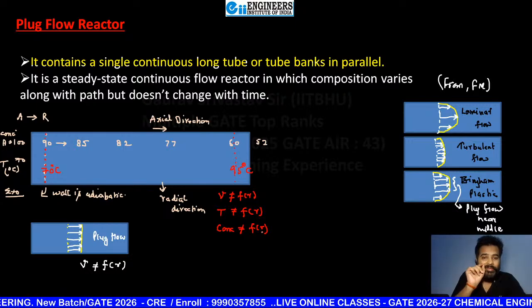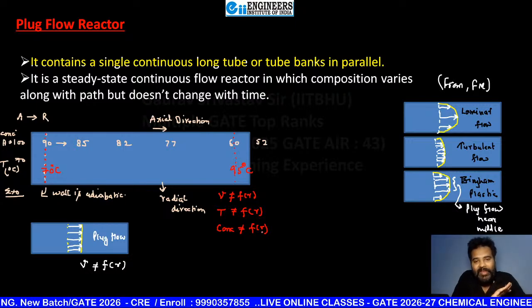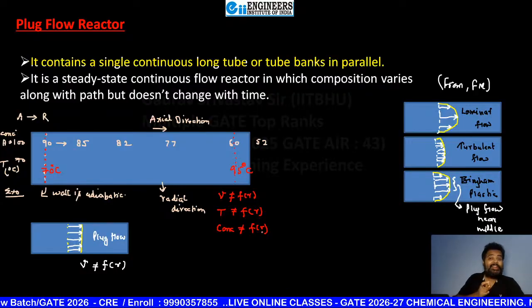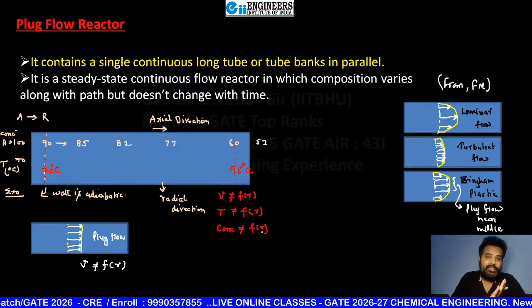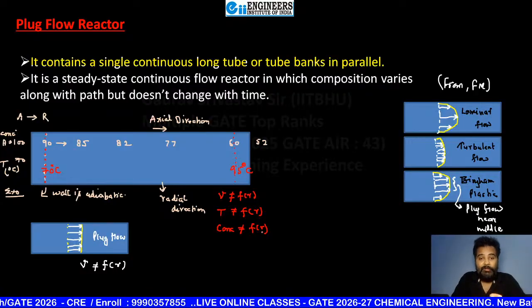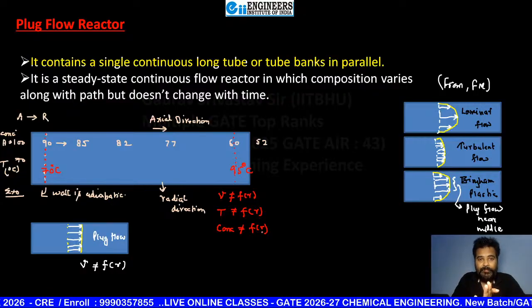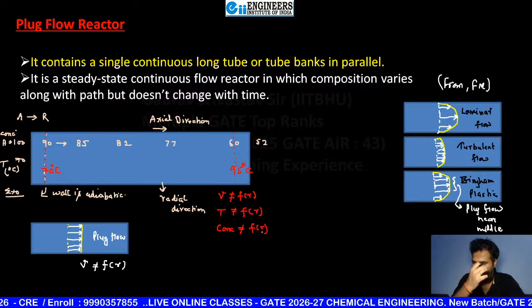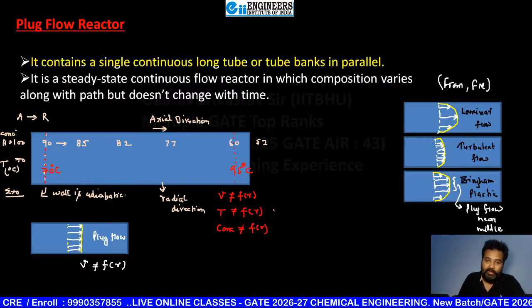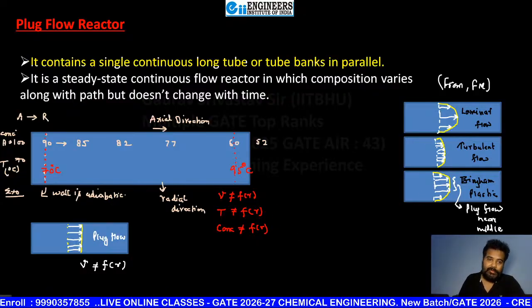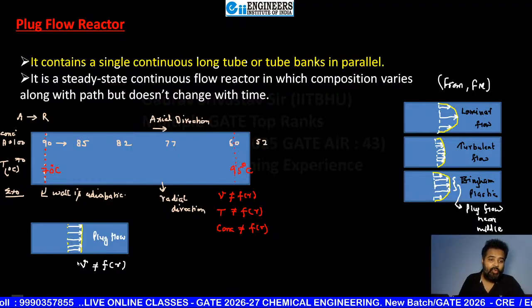Radially nothing is going to change. But if you are moving in the axial direction, all can change, but not velocity, because it is a plug flow. Velocity cannot change in any direction. These two will change. So this is the meaning of a plug flow reactor.